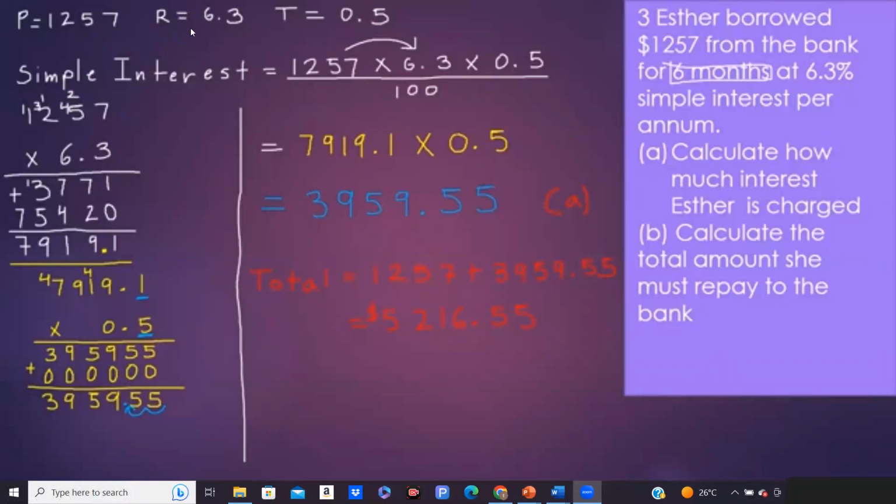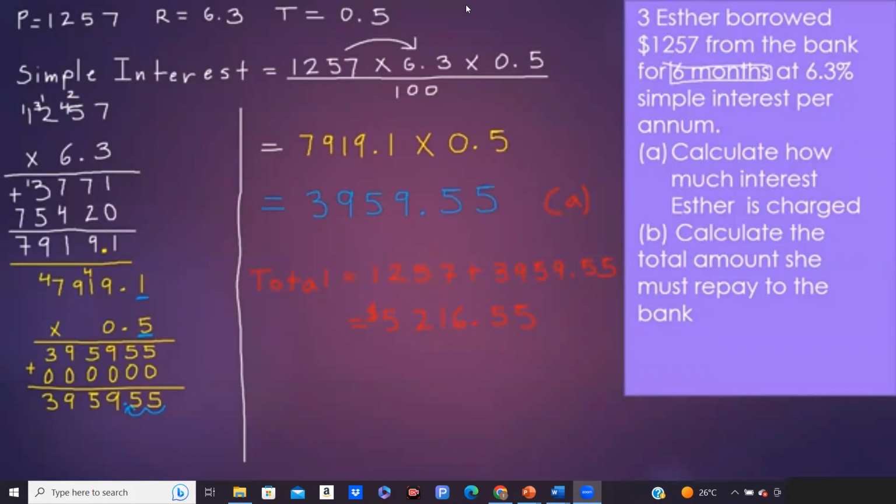Number 3, Esther borrowed $1,257 from the bank for 6 months at 6.3% simple interest per annum. A, calculate how much interest Esther is charged. So first you have to use the formula, which is simple interest equals P times R times time over 100.